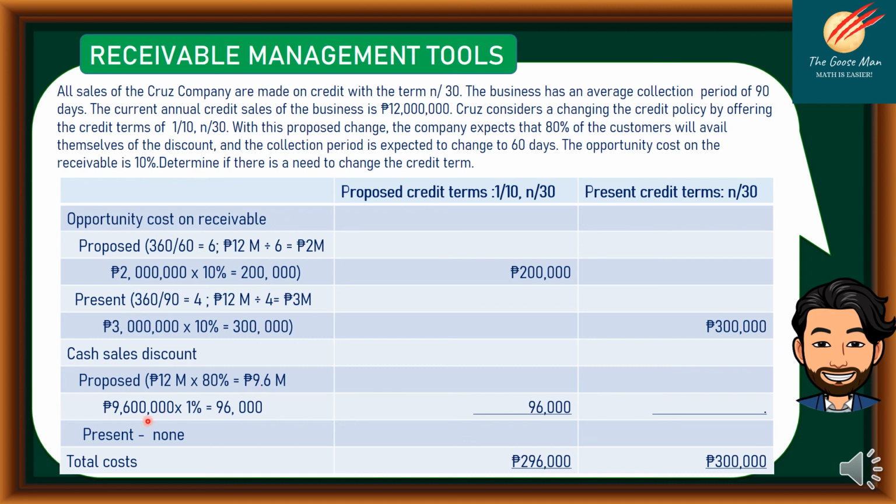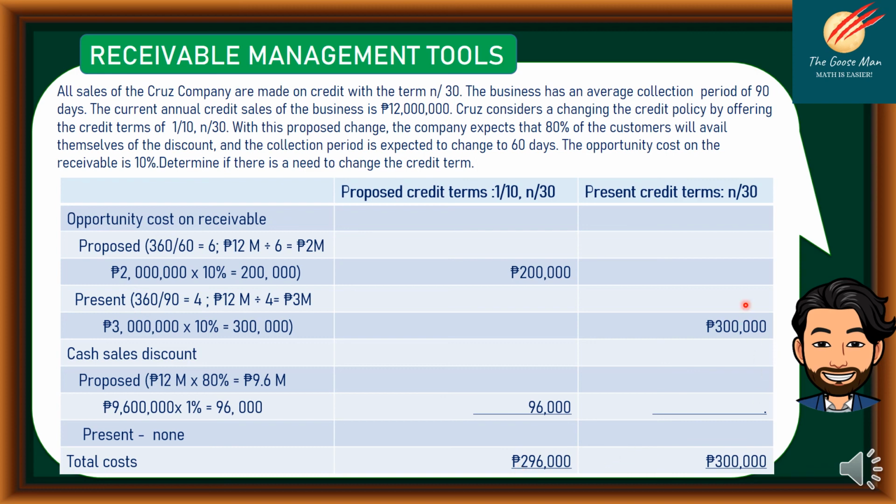Then 9,600,000 times 1% gives us 96,000 pesos. So to sum up, our proposed credit terms cost is 200,000 plus 96,000, so we have 296,000 in all.